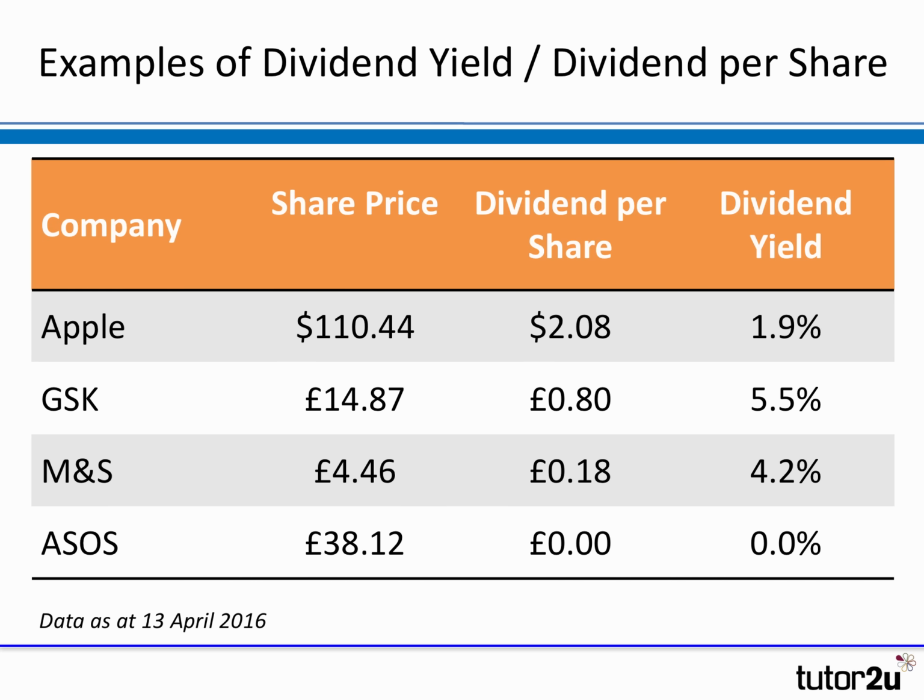Well, we've had a look there at two of the key shareholder ratios, and I just thought it'd be useful to stick on the screen there just for a minute or so some examples of these two shareholder ratios in action. So I've listed 4 companies there that may be well known to you, just to show how the calculations work and how the dividend per share and dividend yield vary between companies.